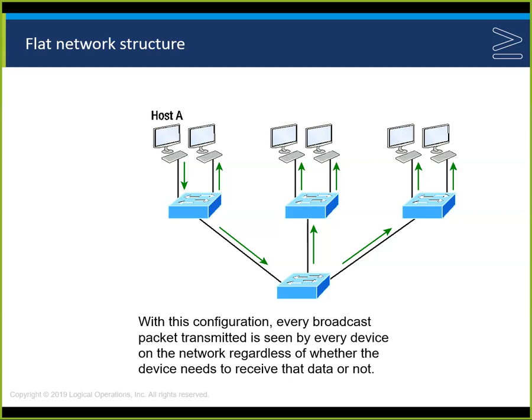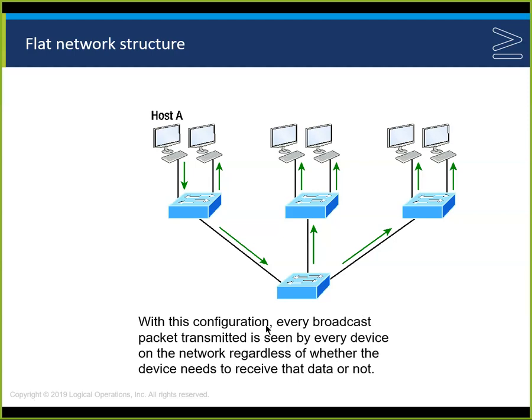Somebody could say, what's going on here? Hey, I want to be on that other network because that's the payroll network. And if I can give myself an IP address on the payroll network, since we don't have any isolation here, I can get there. I can do what I need to do to get from one to the other.